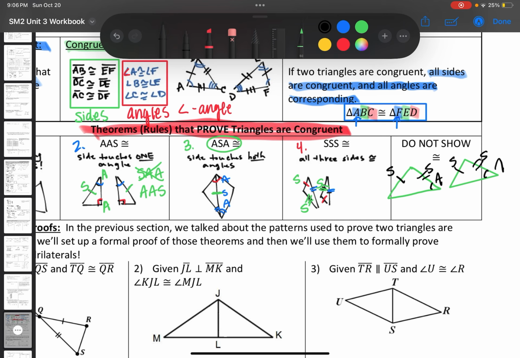That actually does not prove that triangles are congruent, because this angle right here is not in between the two sides. I can only show it by side, angle, side, but since this angle is not in between the two congruent sides, I can't prove it that way. So again, I can't use side, side, angle.